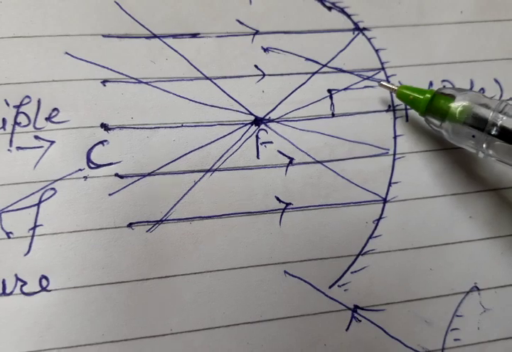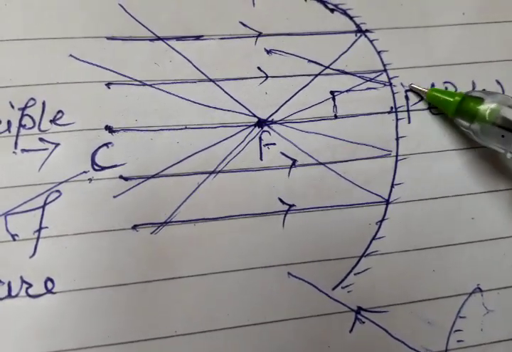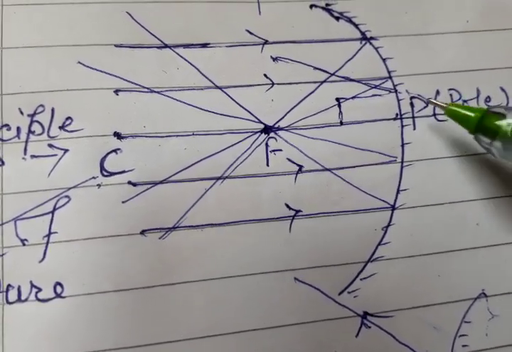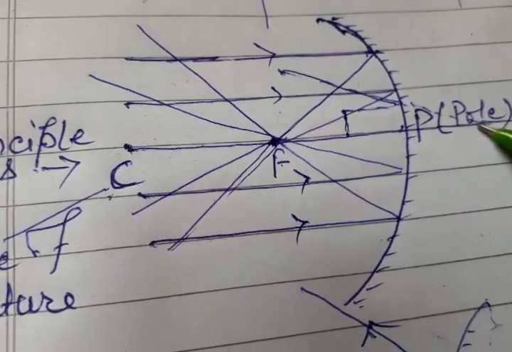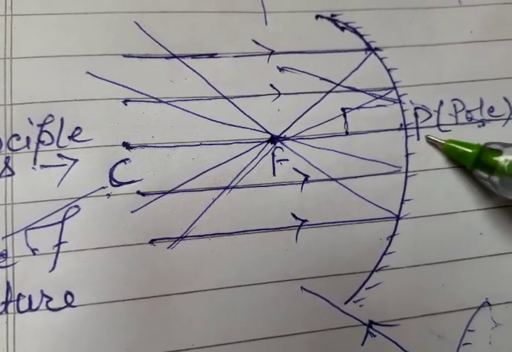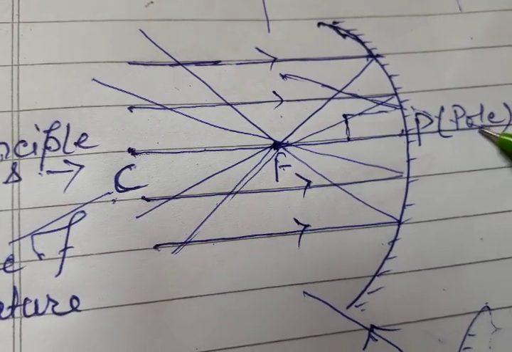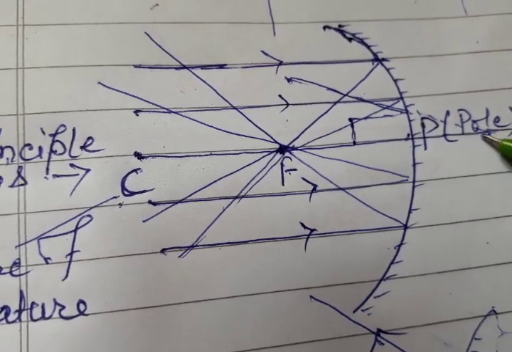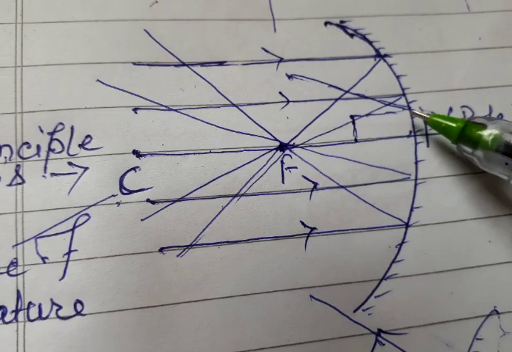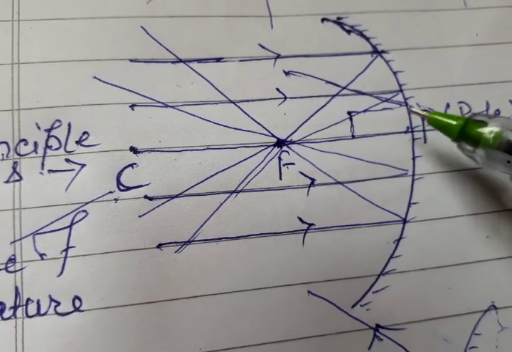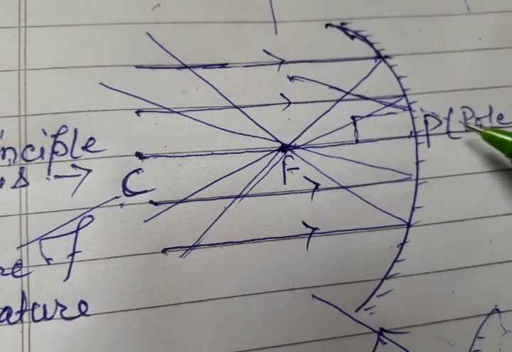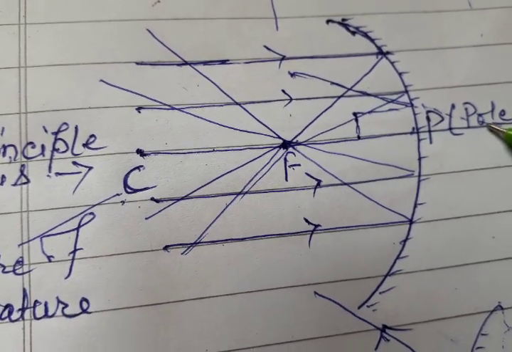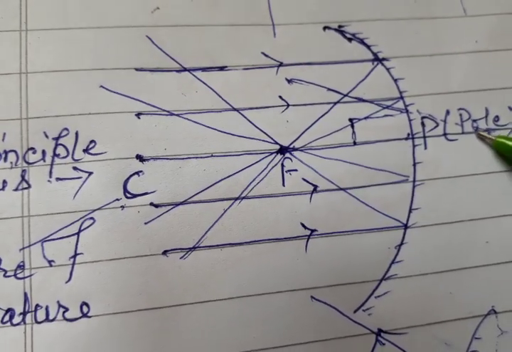This is called appearing to meet, and where it meets will be the image formed. Whenever the image is formed behind the mirror, it is always virtual. A virtual image is when the rays of light after reflection appear to meet at a point, meaning seem to meet.